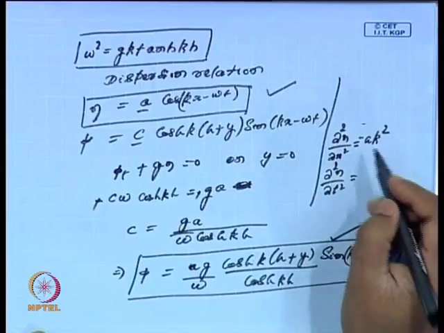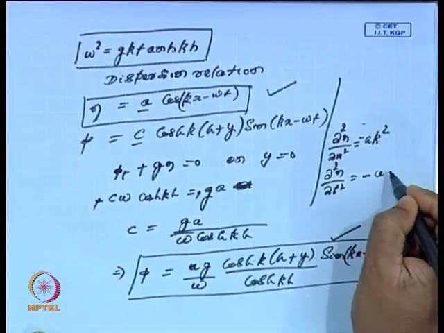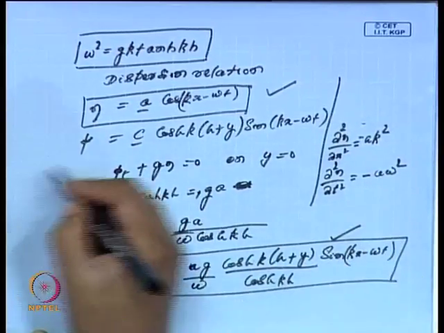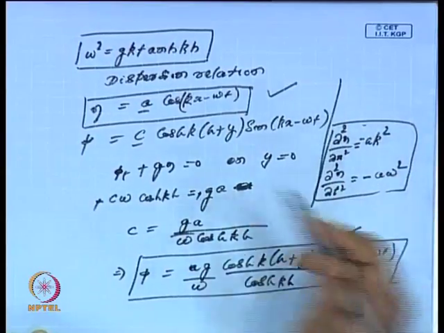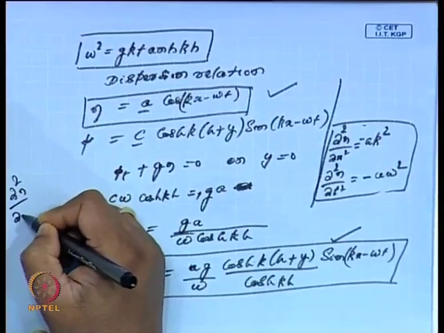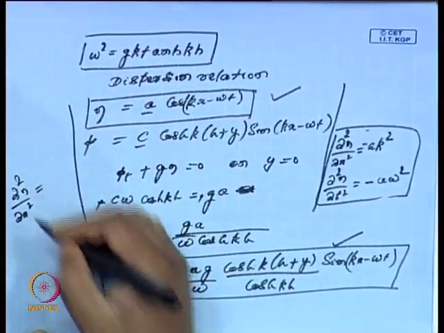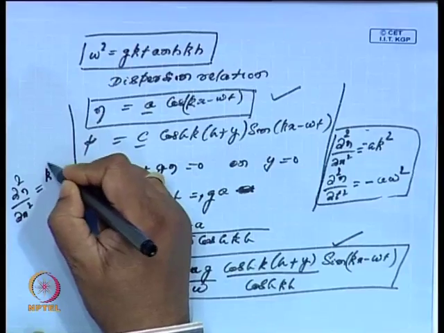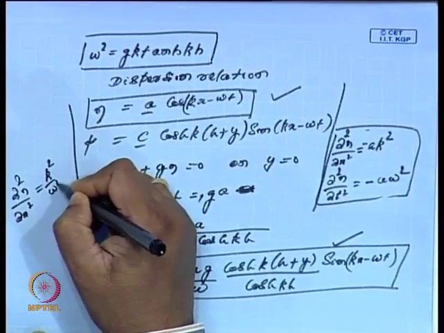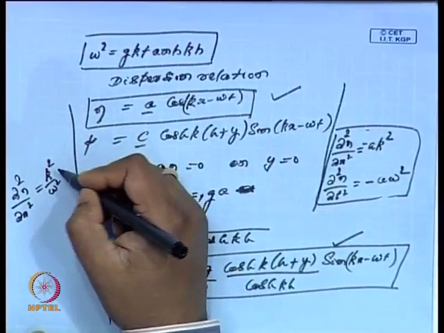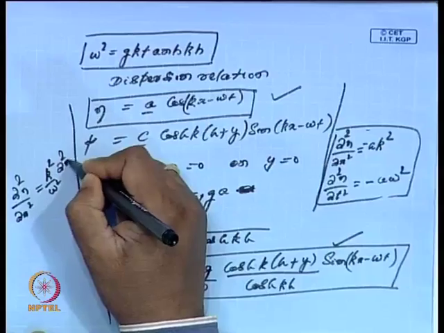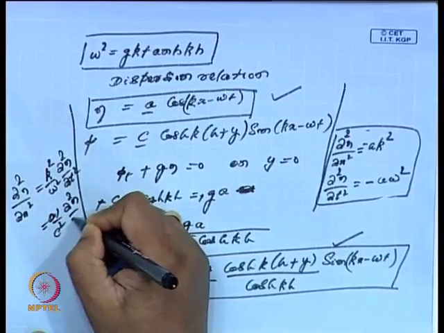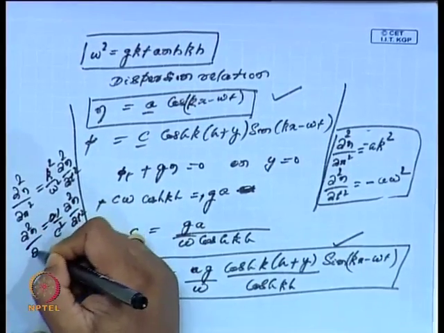gives me minus a omega squared cos(kx minus omega t). So, from these two, del squared eta by del x squared is equal to k squared by omega squared del squared eta by del t squared, because the other factor is common, and this is nothing but 1 by c squared del squared eta by del t squared.